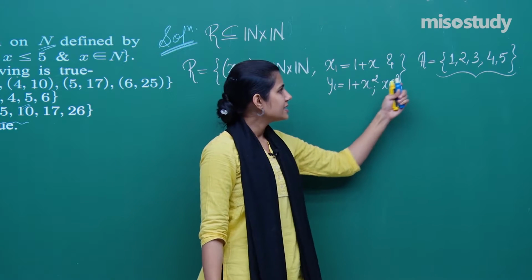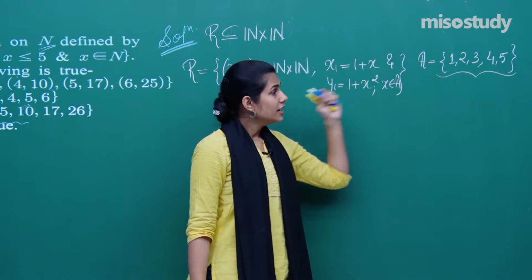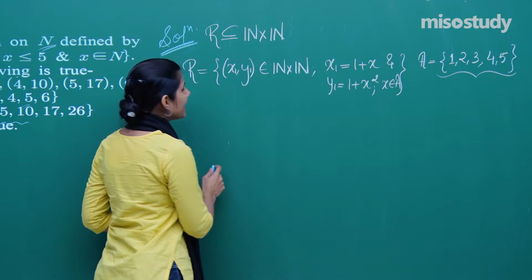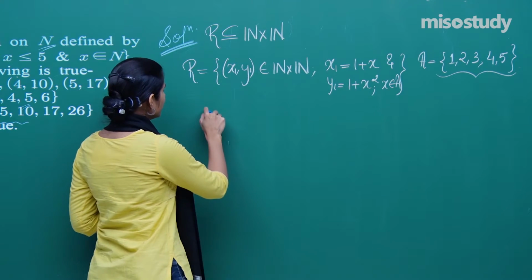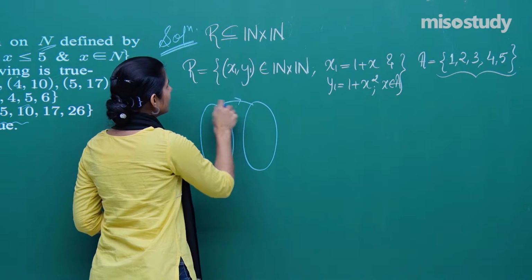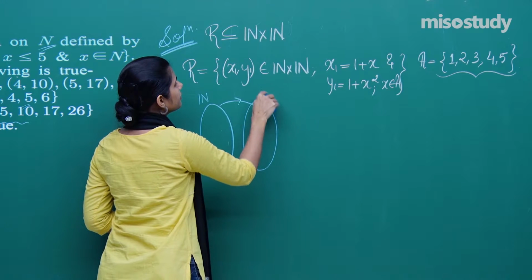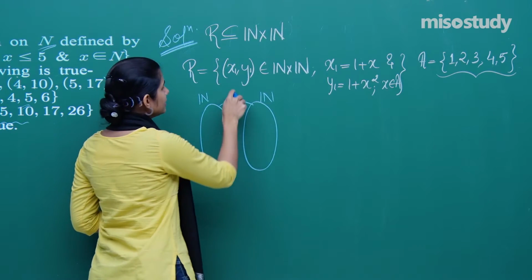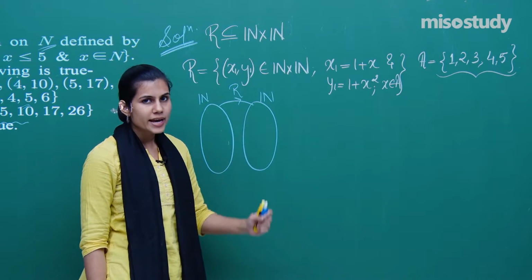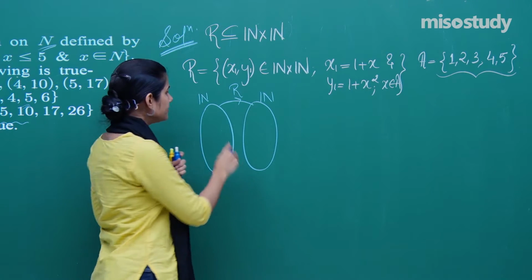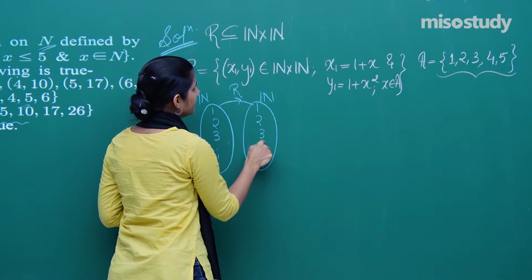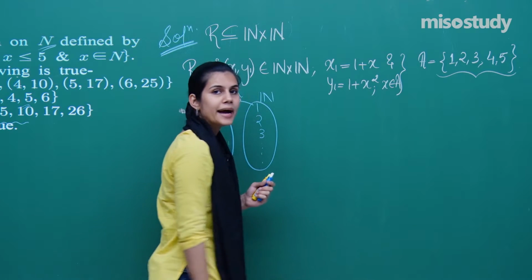That is my set A. Now if I wish to find this relation, I basically wish to find a subset of N cross N, which stands as a relation from N to N, relating members of N to members of N in this format.